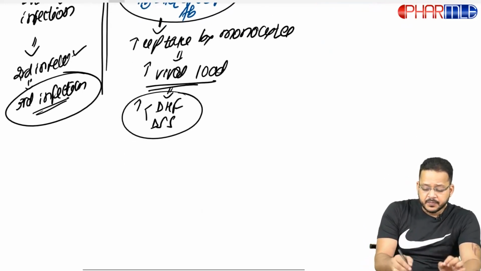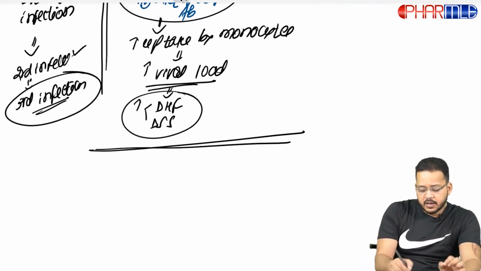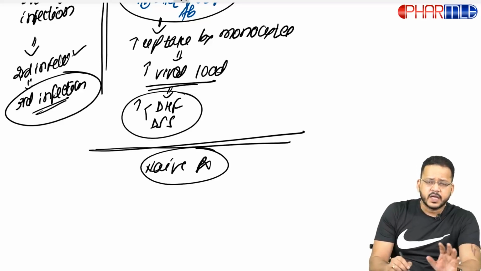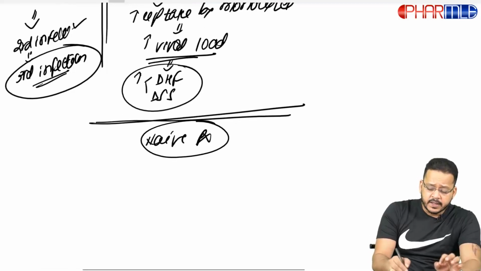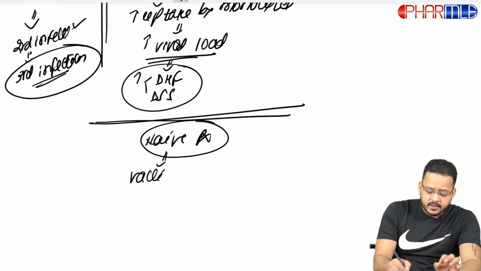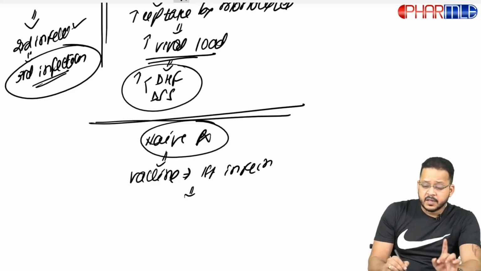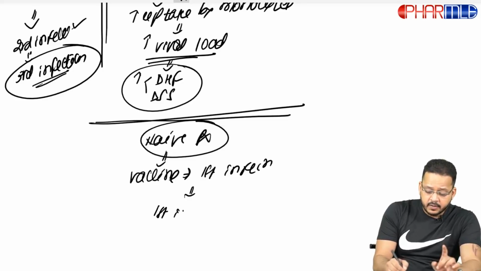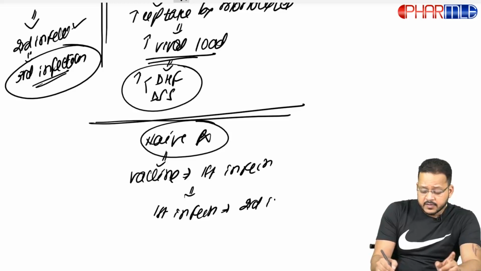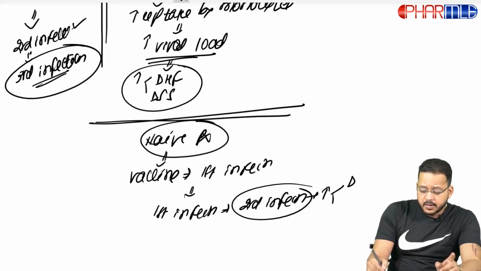Now what will happen if I give it to a naive patient, who never had any infection of dengue? In that case, guys, my vaccine can behave as a first infection, and the actual first infection will behave like a second infection, and thus there will be a high risk of dengue hemorrhagic fever or dengue shock syndrome.